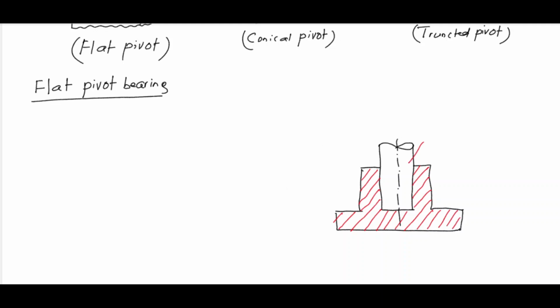This one is the shaft, and this bottom portion is known as your flat pivot bearing.